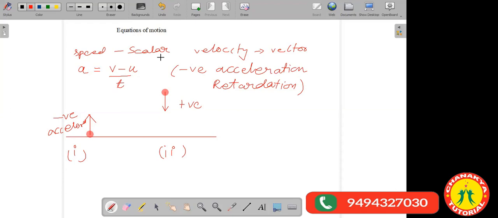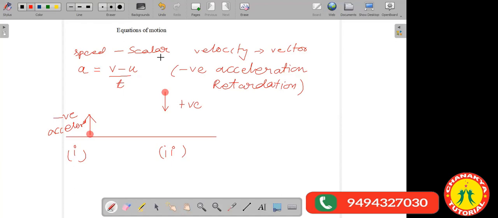If your bus is moving with the same speed of 40 km per hour or 60 km per hour, at that time the acceleration is zero. There is no change of velocity. The velocity every time is the same, and only if the bus moves in a straight line. If the bus changes its direction, then the velocity will change, since velocity has magnitude as well as direction.